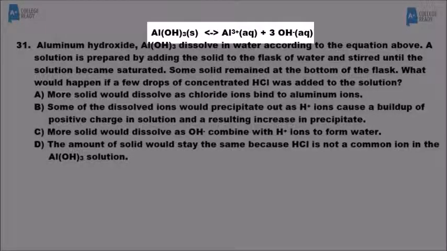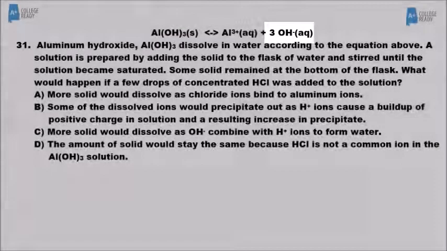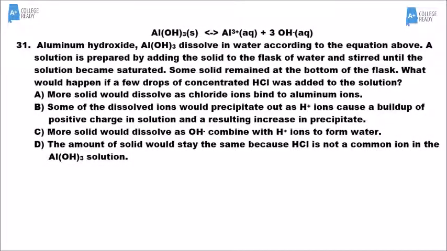However, the hydrogen ion would react with the OH ions and decrease the hydroxide ion concentration, effectively taking away a product. And when you take away a product, it's a shift to the right. A shift to the right in this case is that the solid would dissolve some more. So the correct answer would be C.